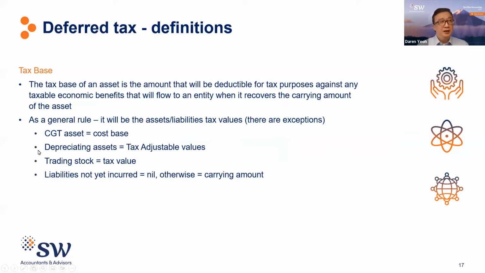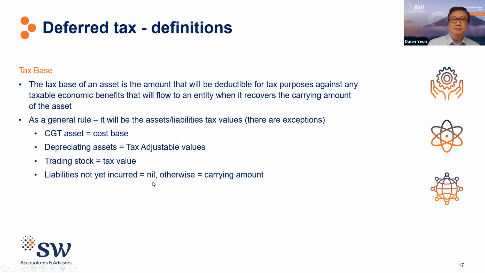If you have a depreciating asset, your plant and equipment like your computers and your furniture, the tax base should equal the tax written down values of those assets. For trading stock, it will be the tax value for tax purposes. Broadly, it will be the tax cost of your inventories.